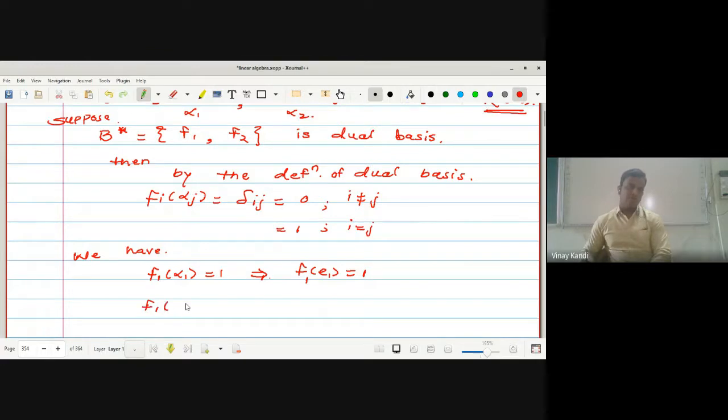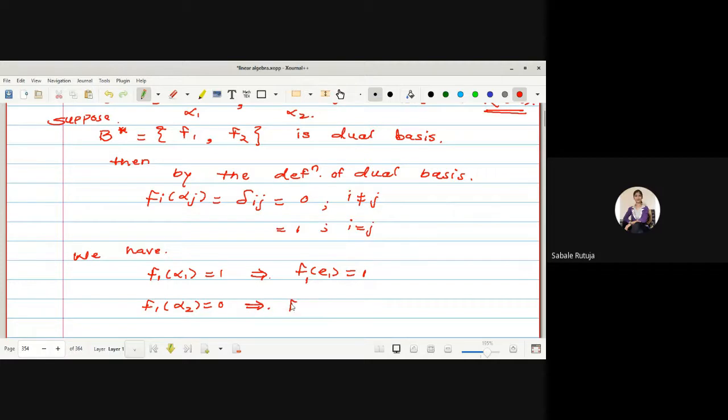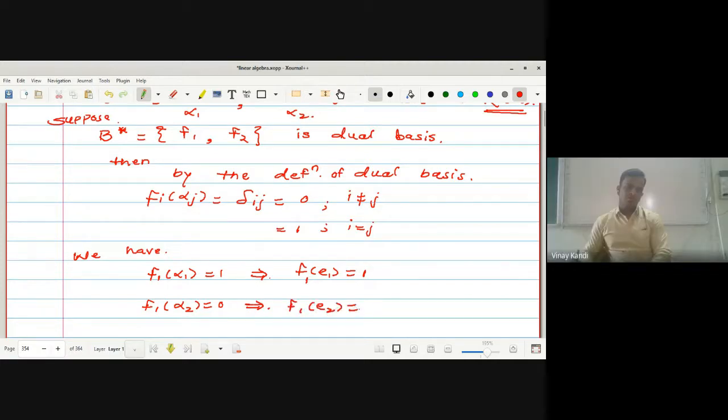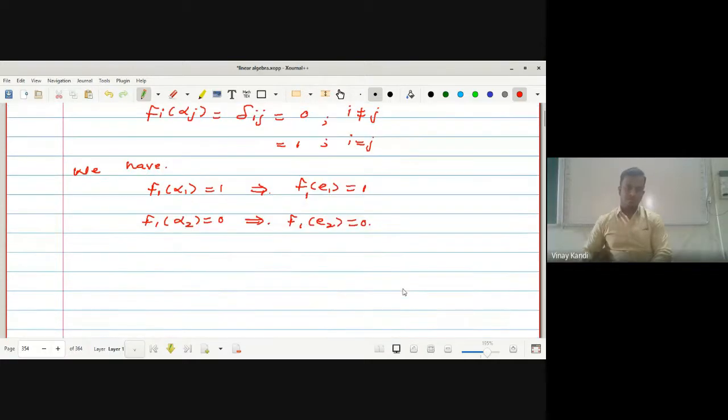Now, f1 of alpha 2 is equal to what? 0. So this implies f1 of E2 is equal to 0. Now, put i is equal to 2 now. f2 of alpha 1 is equal to 0. So this implies f2 of E1 is equal to 0, and f2 of alpha 2 is equal to 1.